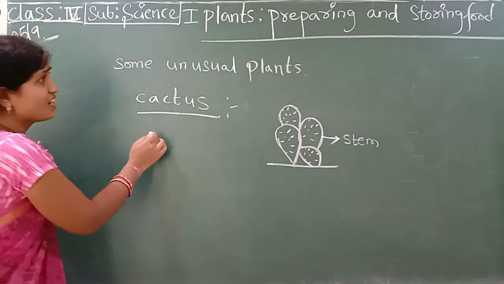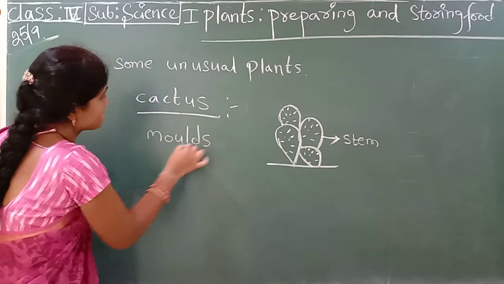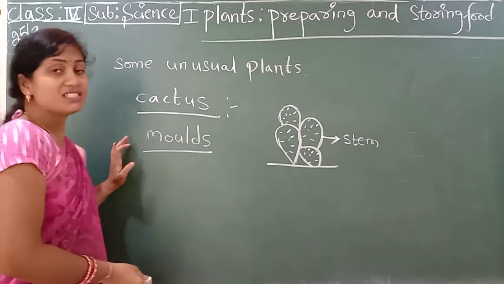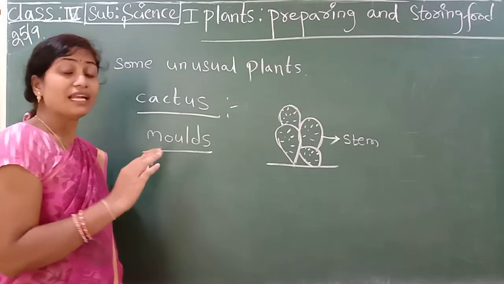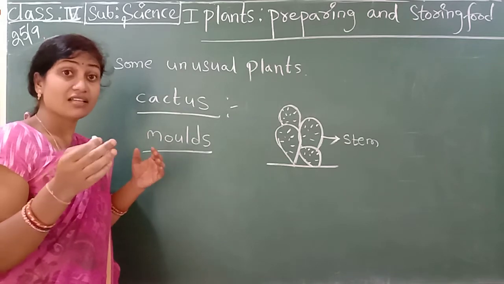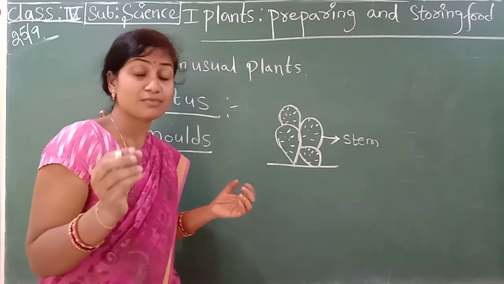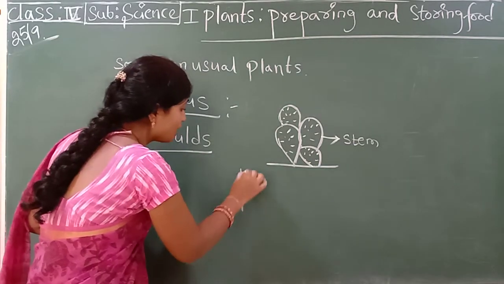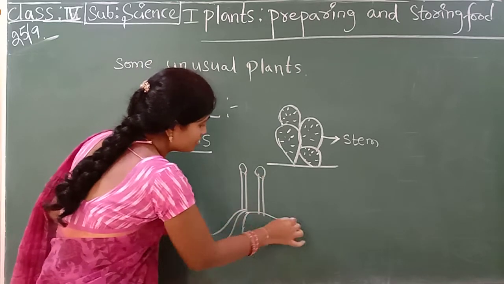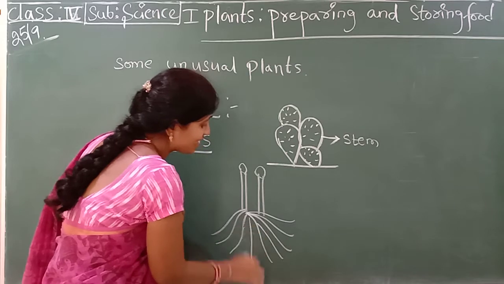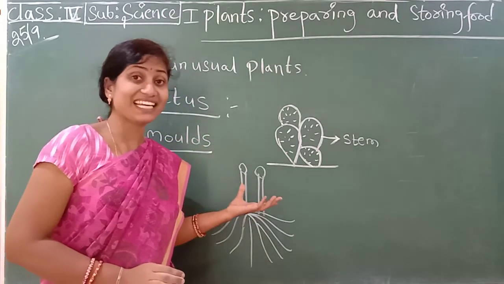So next one, molds and mushrooms. They have different colors. You have to observe that molds look like this. In our textbook also the picture is given. Molds and mushrooms don't have the green color.